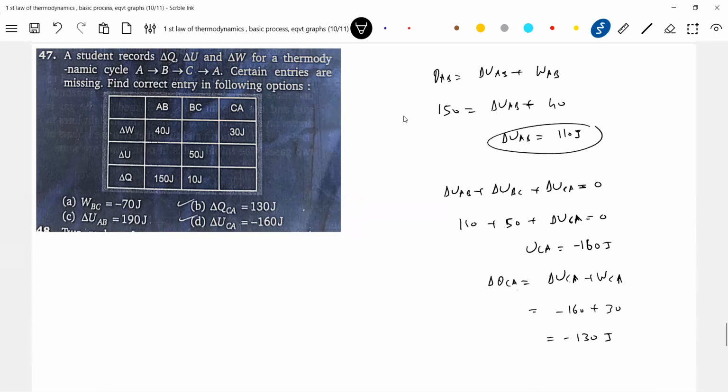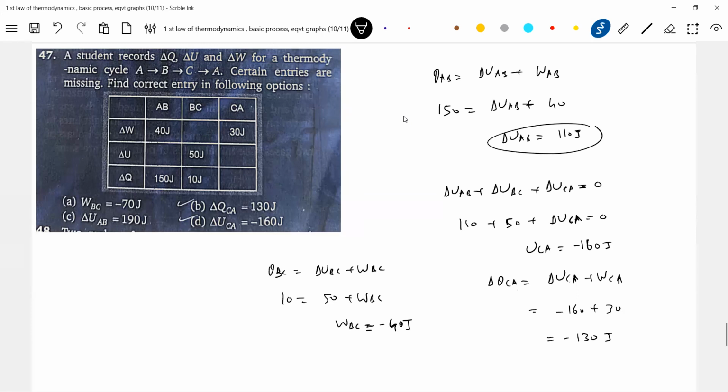I think we can use this formula. QBC, we know is 10. This is 50. Minus 40 joules.